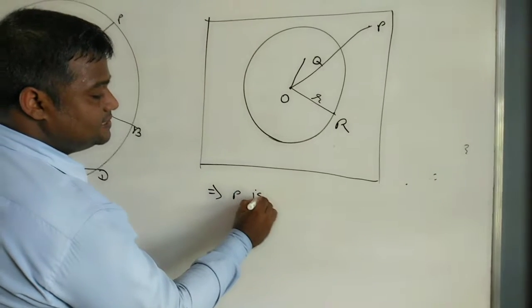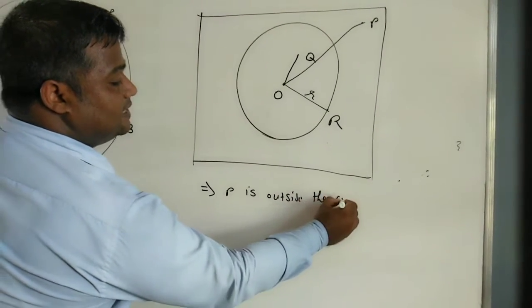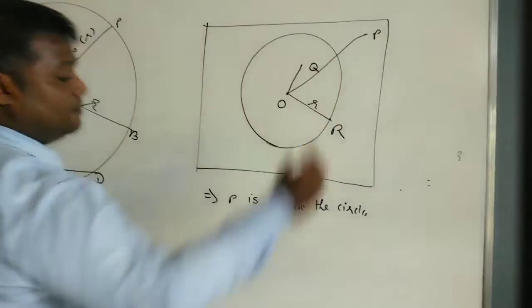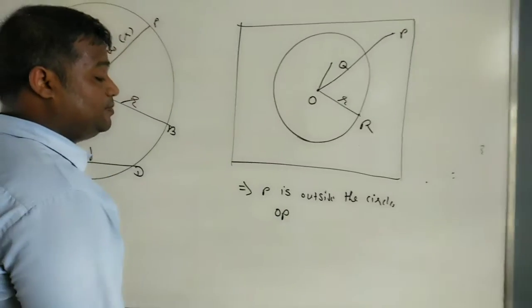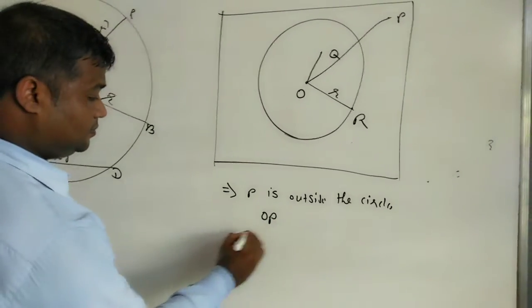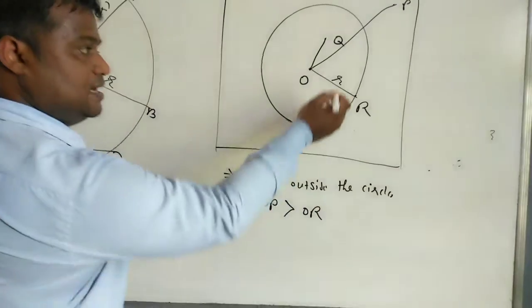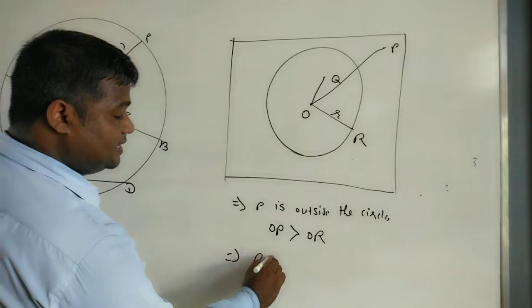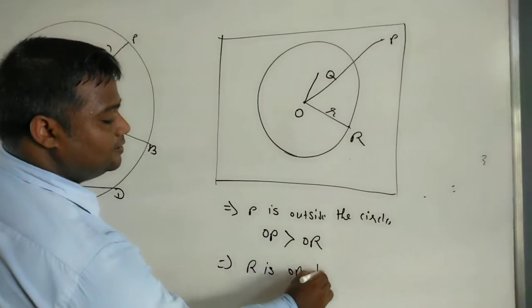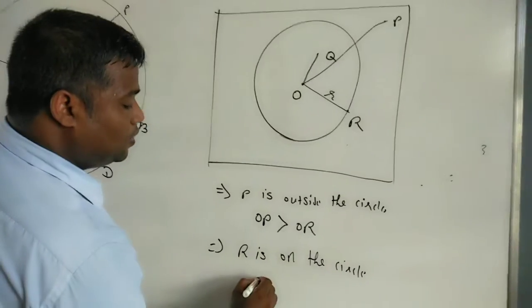P is outside the circle in the plane, that is OP. When you join it, it becomes OP of yours. OP is greater than your OR, that is the radius of yours. R is on the circle.